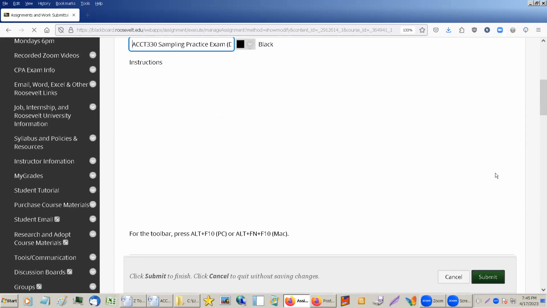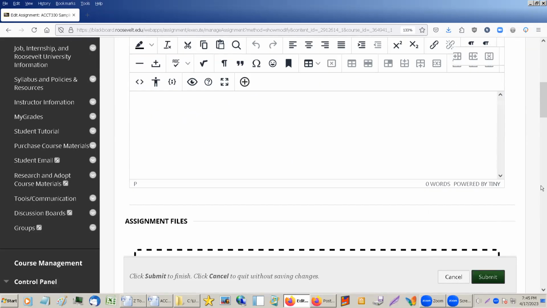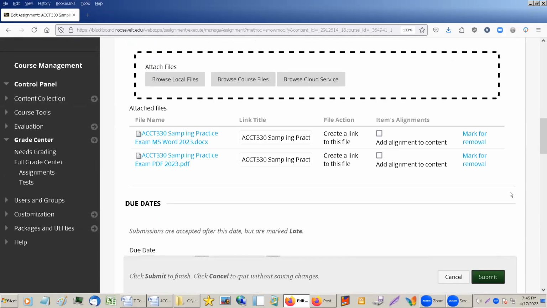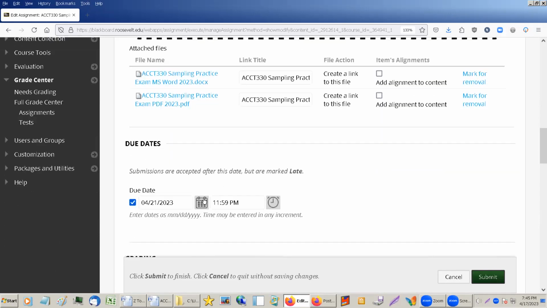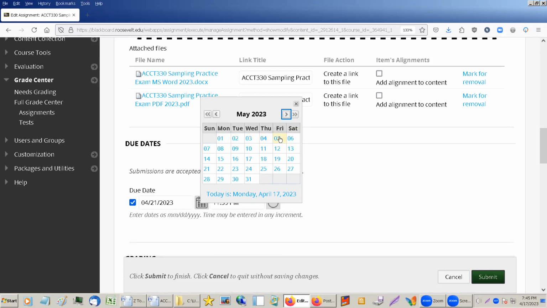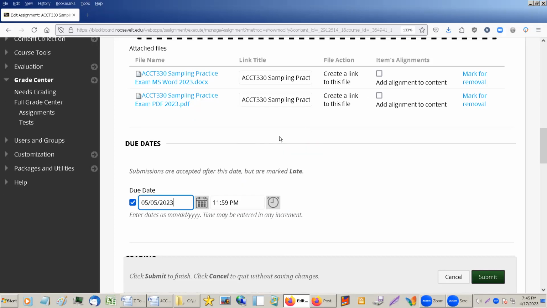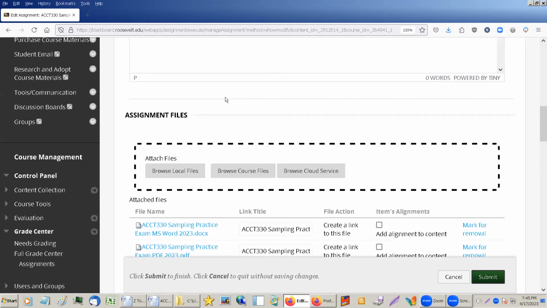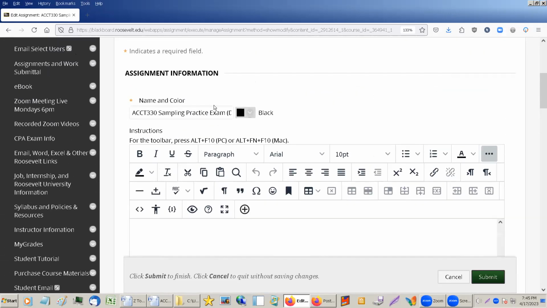Okay, so I'm going to change this. It's actually going to go into May. Let me check down here. All right, so we're on the 21st. It's not going to be due on the 28th. It's going to be due on the last week of class, May 5th. We're getting near.